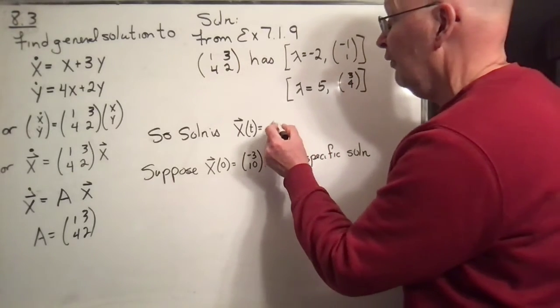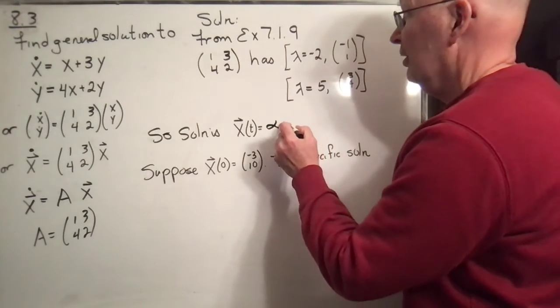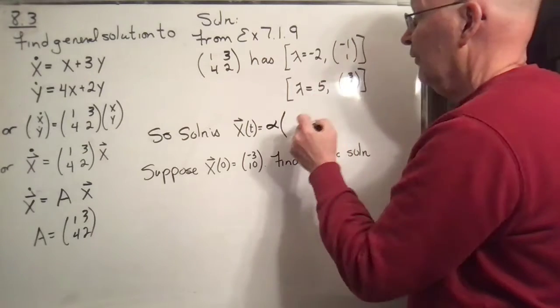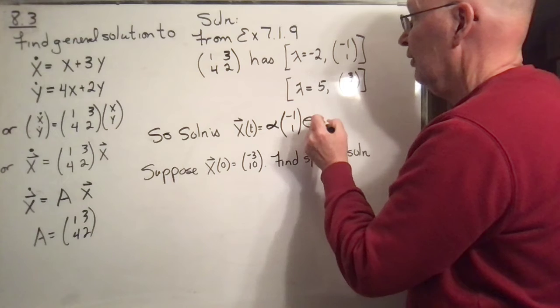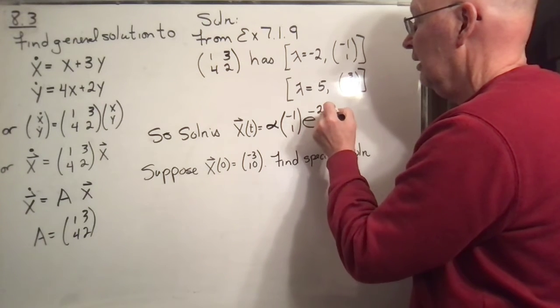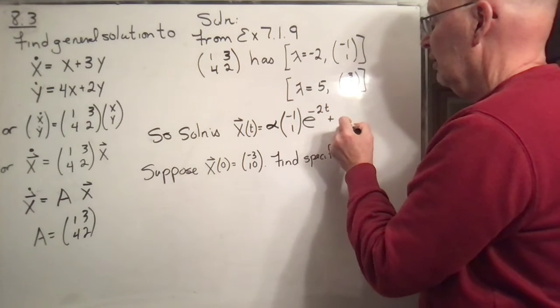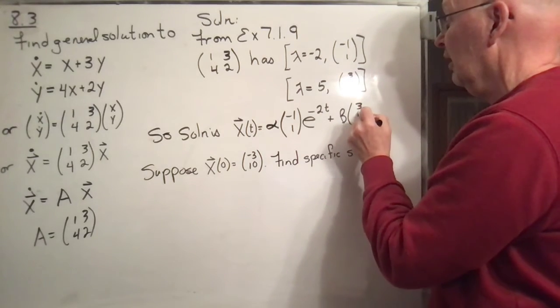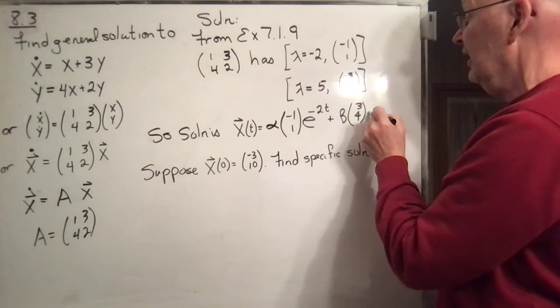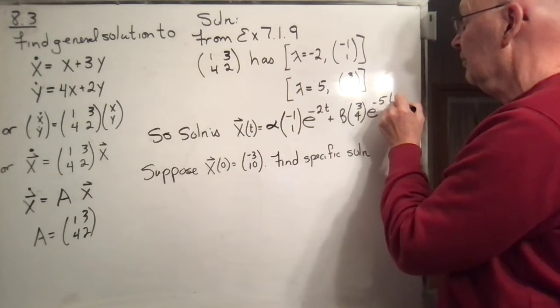It's just going to be alpha times, let's do this one first, -1, 1 times e to the -2t plus beta times the eigenvector 3, 4 times e to the 5t.